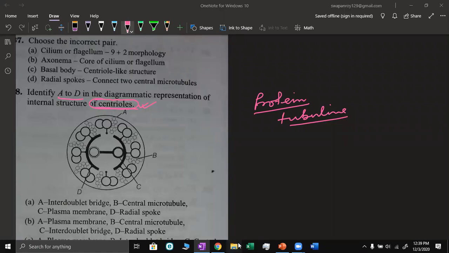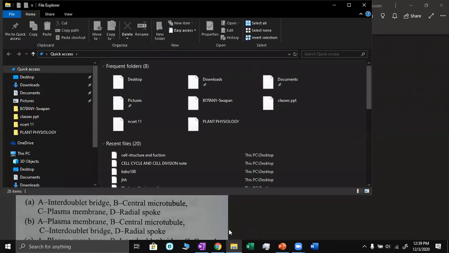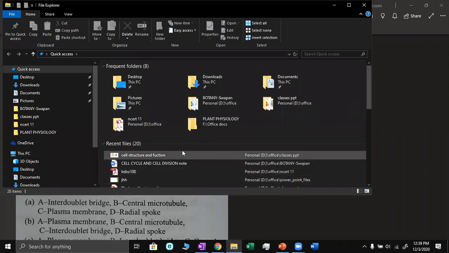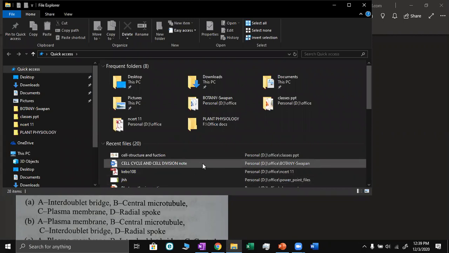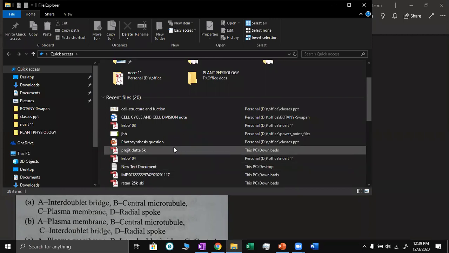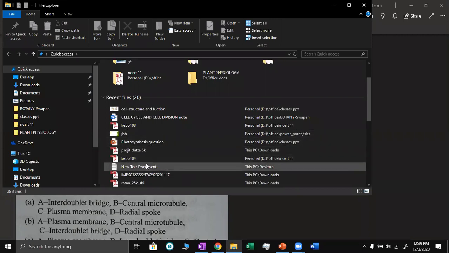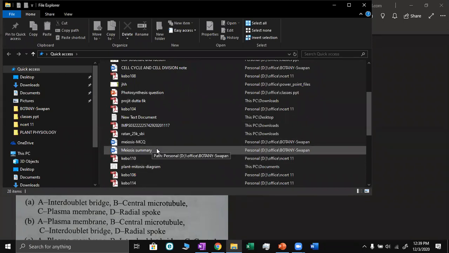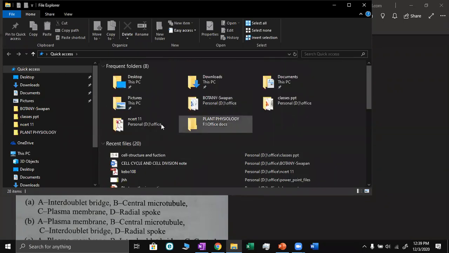See, I will show your book here, and in that NCERT 11108.